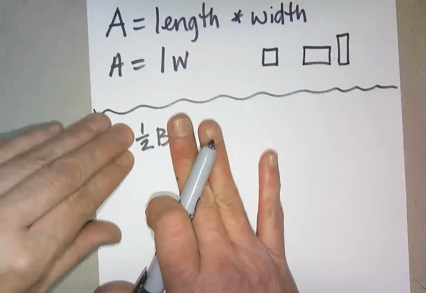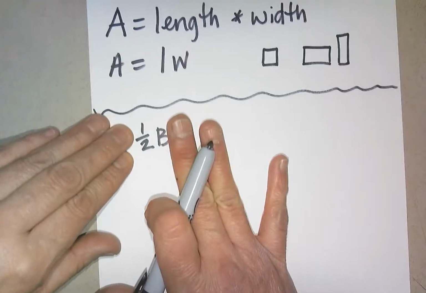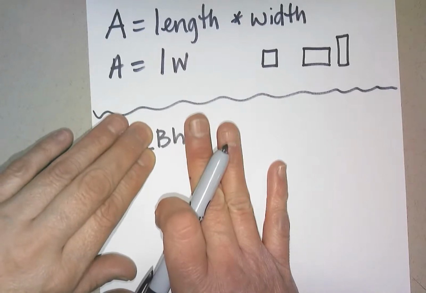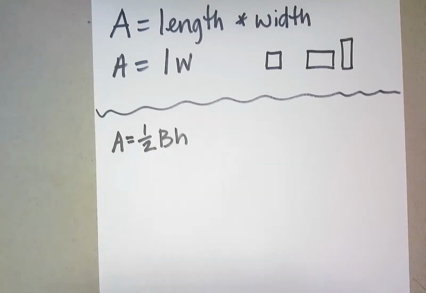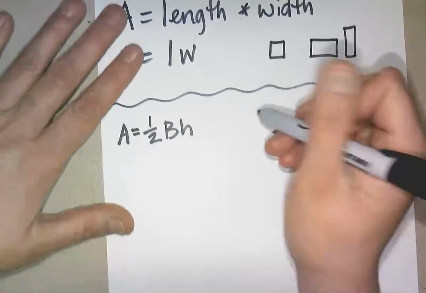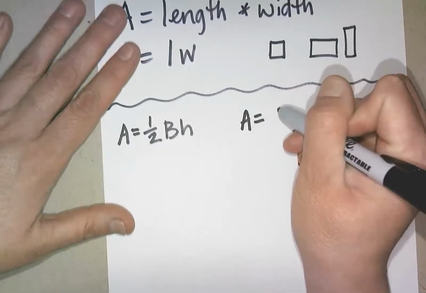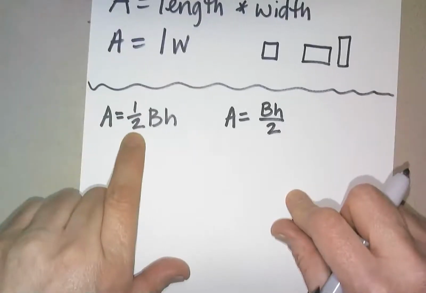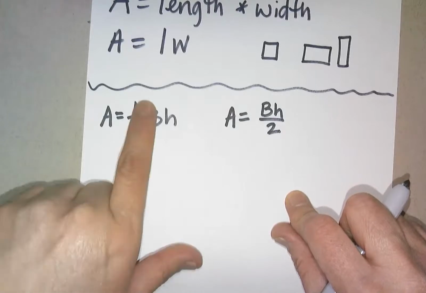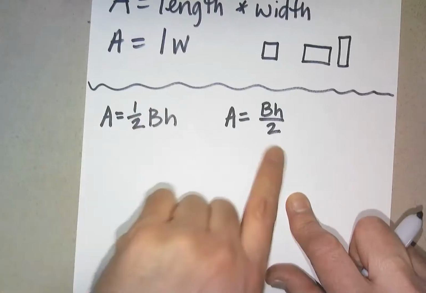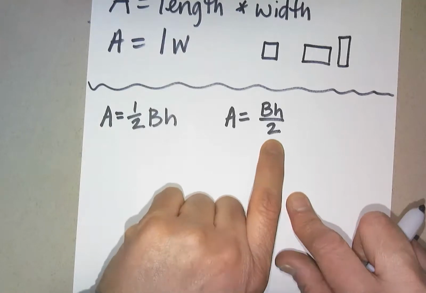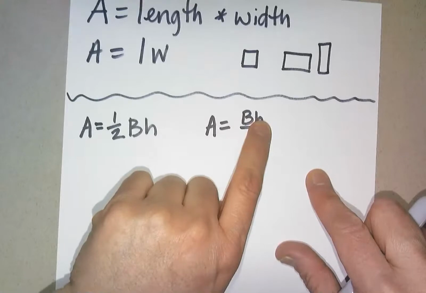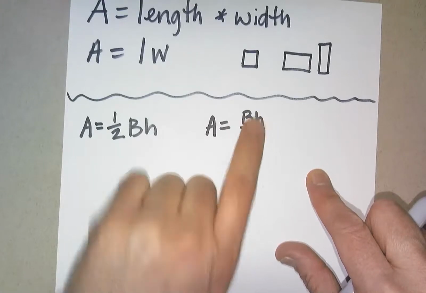You could do 1/2 times base, or you can do base times height and then multiply it by half. Another way they show this formula is area equals base times height over 2. Because that 2 is underneath the 1, and 1/2 is a fraction, so it's like you're dividing by 2. If you heard me last week, I was telling you if it's easier to do it this way, multiply the base times height, whatever your answer is, just cut it in half.